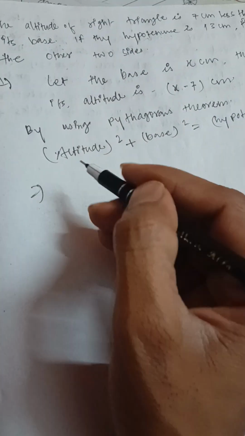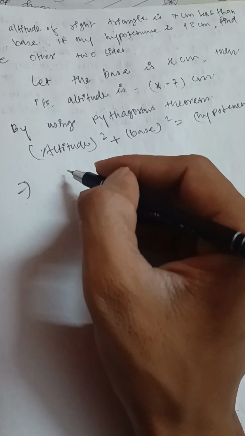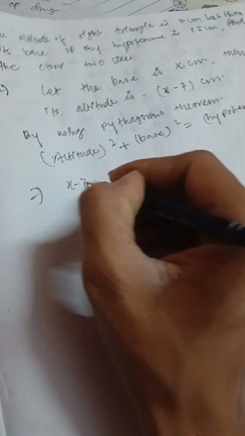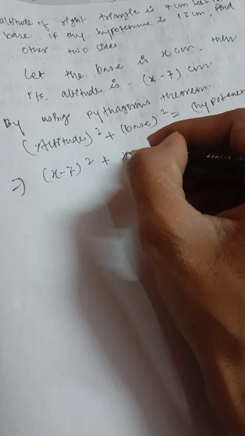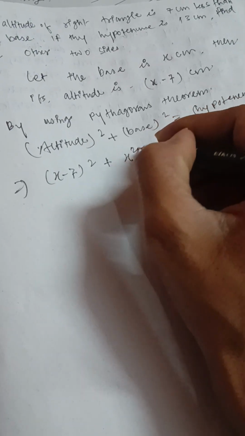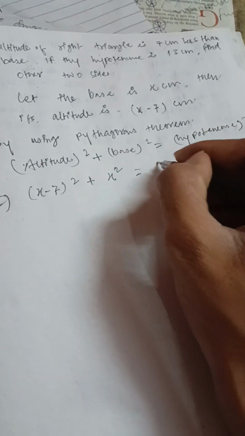Then altitude is (x minus 7) centimeter whole square plus base is x centimeter whole square equal to hypotenuse 13 square.